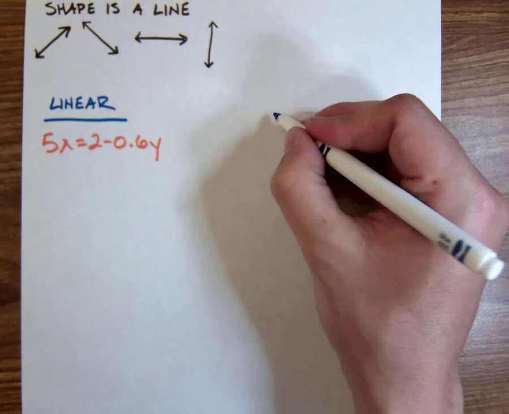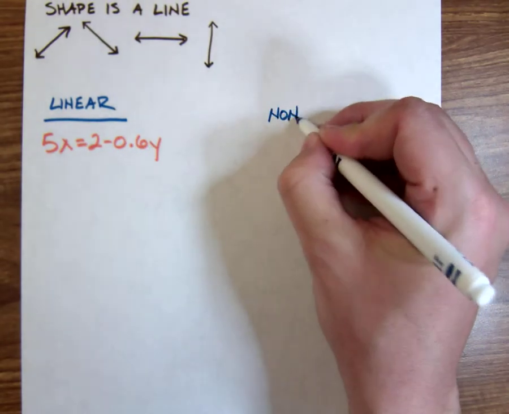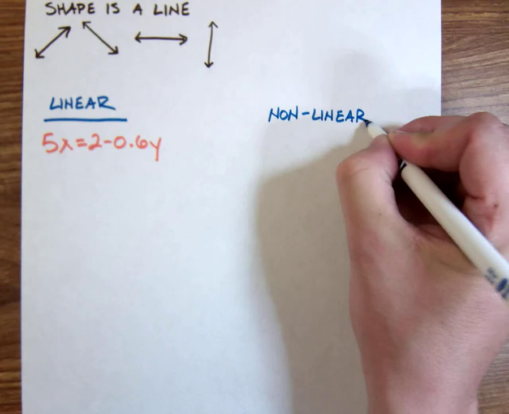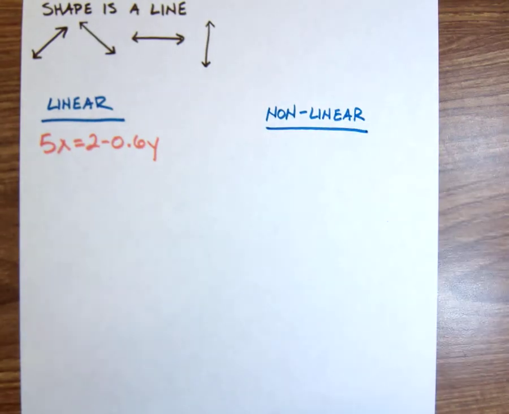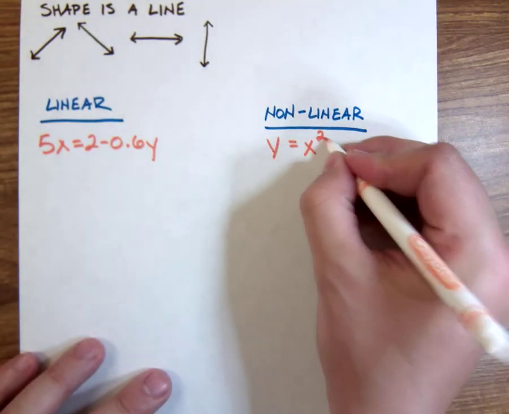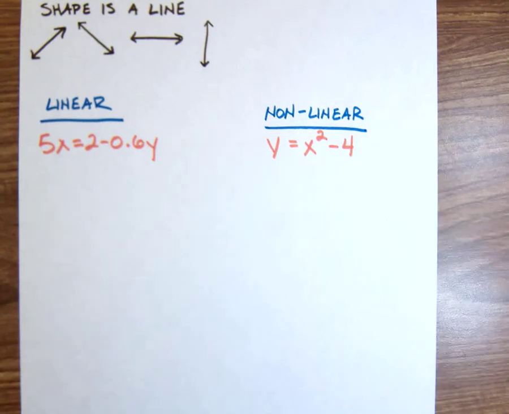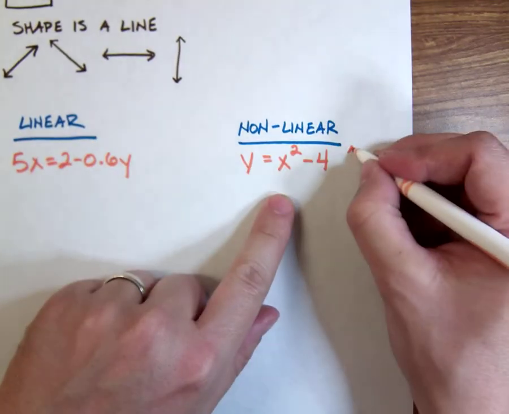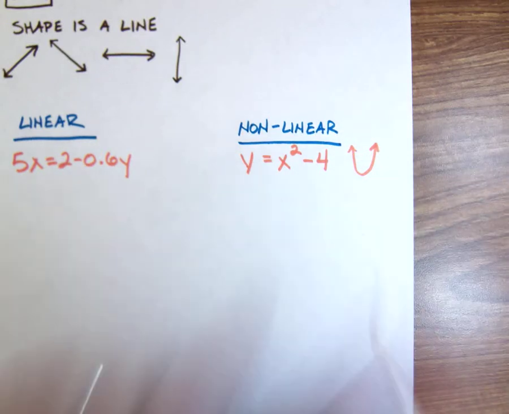Okay? Here's an example of what we call a non-linear function. And this, you said U-shape. This one would be a U-shape. The x is being squared. This graph right here makes a U-shape. That is not linear.